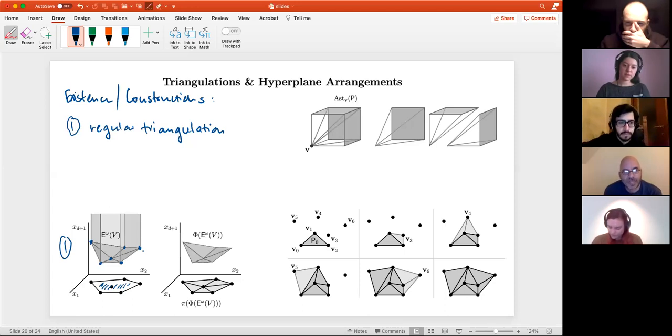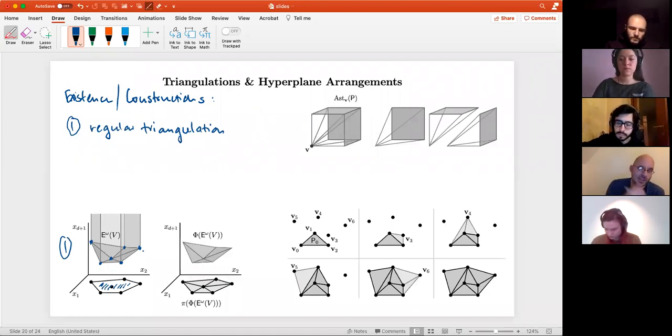And then you have a magic flashlight that you can beam at your construction from below, and you make an infinite prism over it.